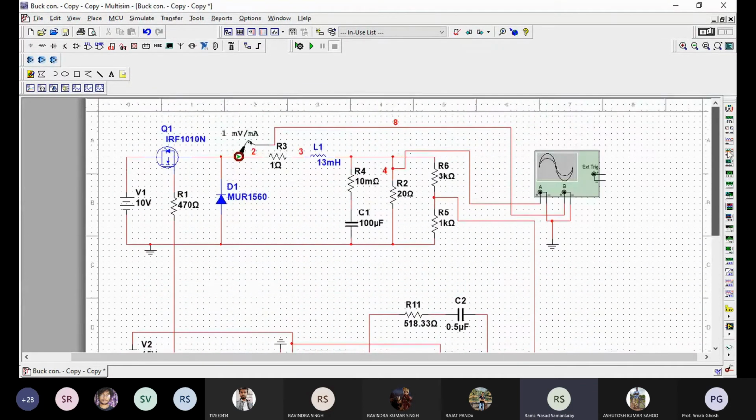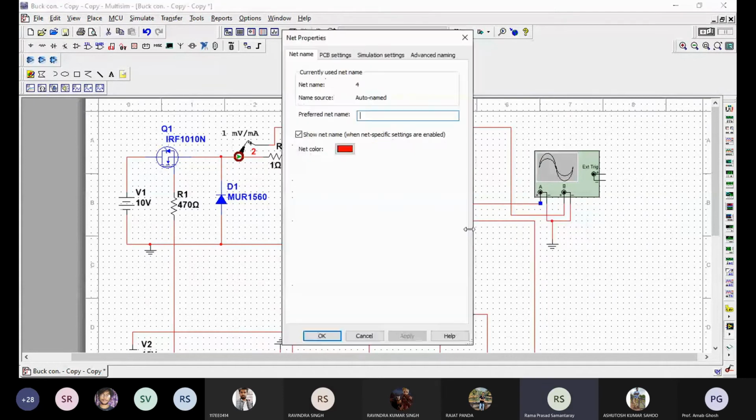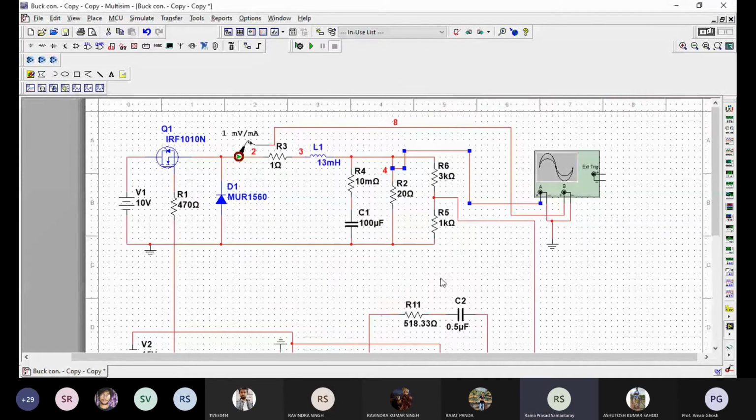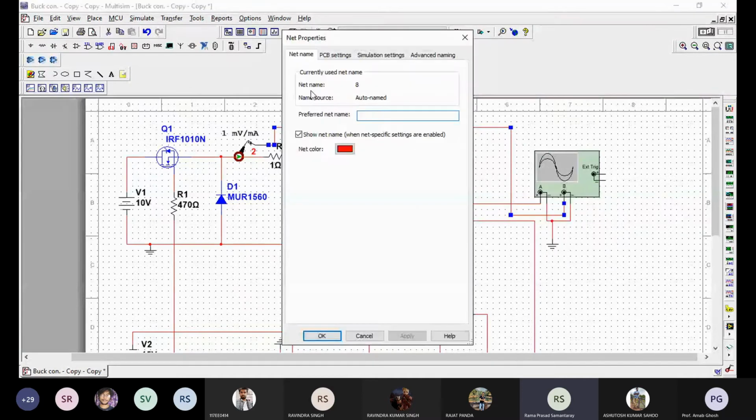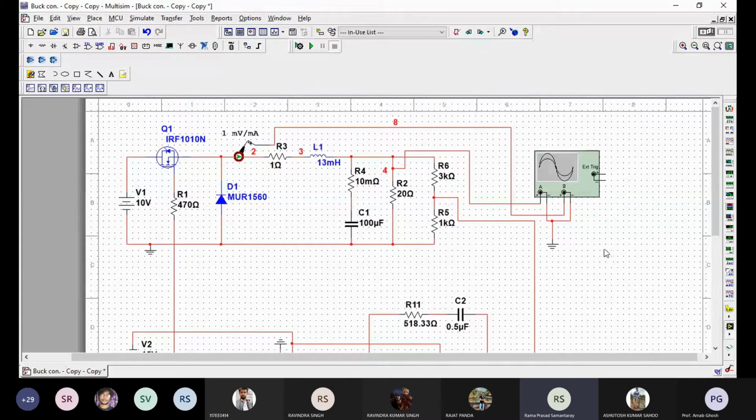Similarly, go to this circuit's waveforms. Here this is your net name 4. V4 is the voltage across the load, and this is connected to the current probe. Net name is 8, I8 or IL, the inductor current, series path.